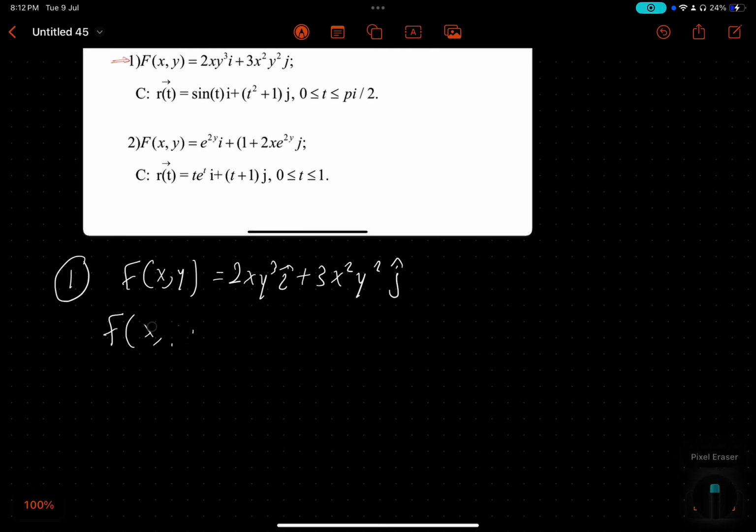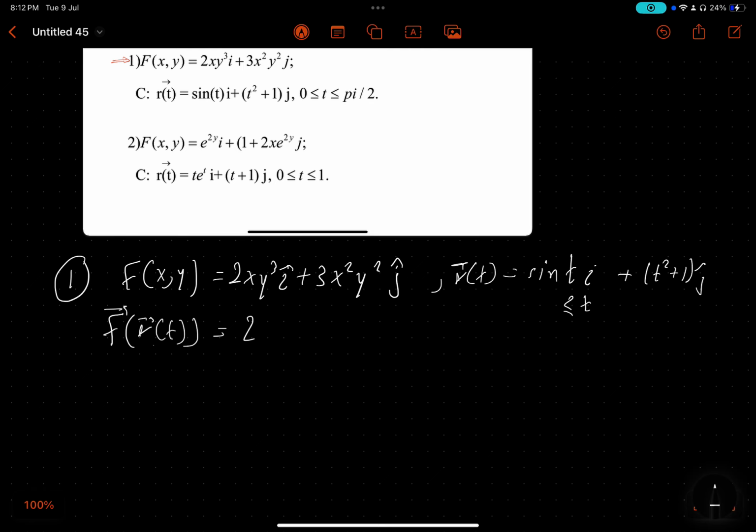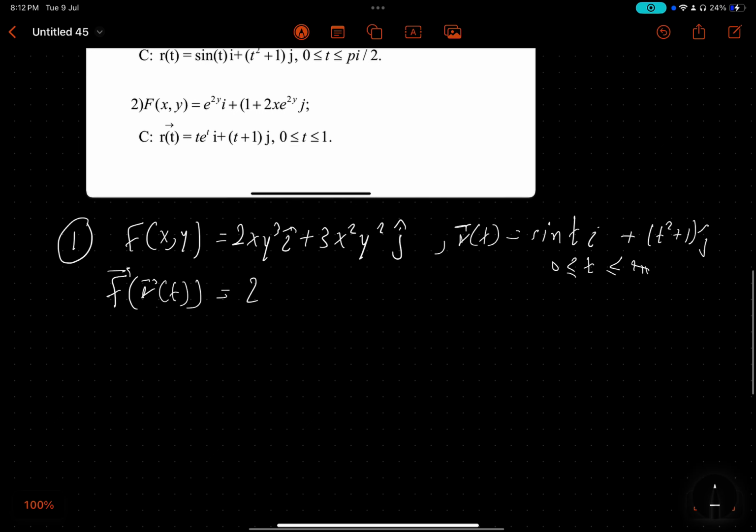So let's get the parameterized function. F of r of t is the parameterized function, and we also have r of t equals, for our first example, t i plus (t squared plus 1) j, where t is bigger than 0 and smaller than 2 pi. So we have cosine of t, no, our y is different.